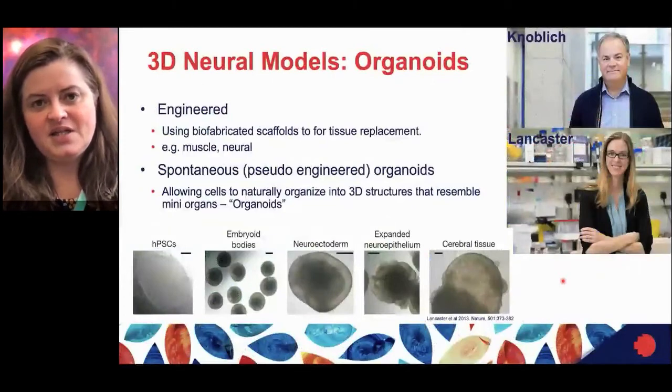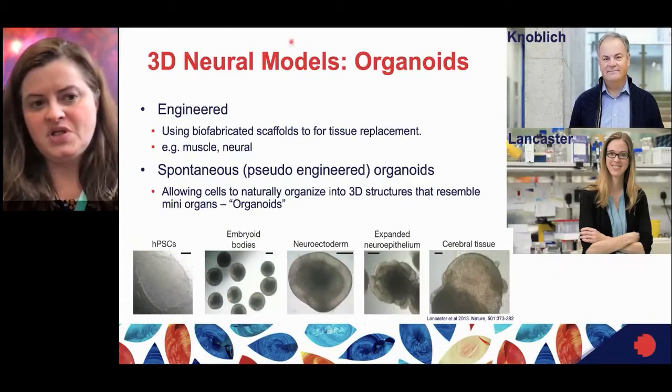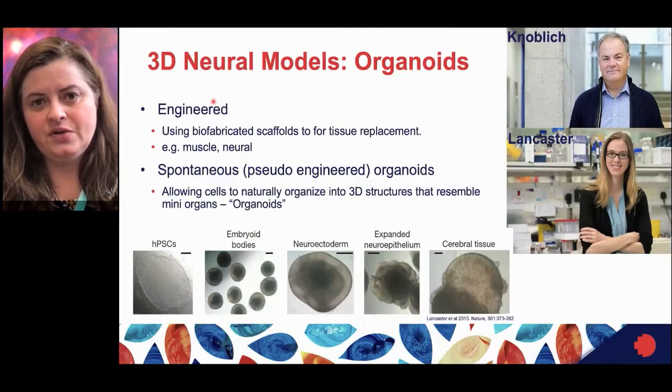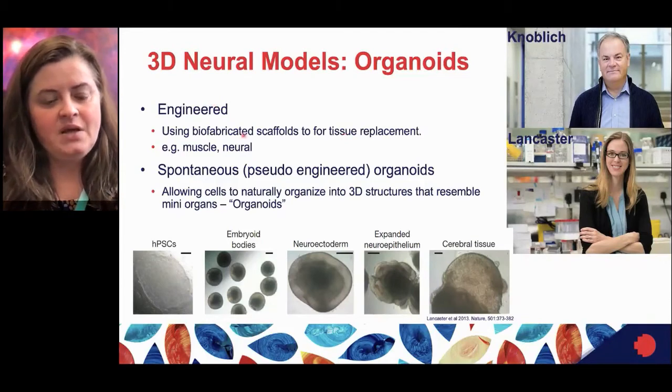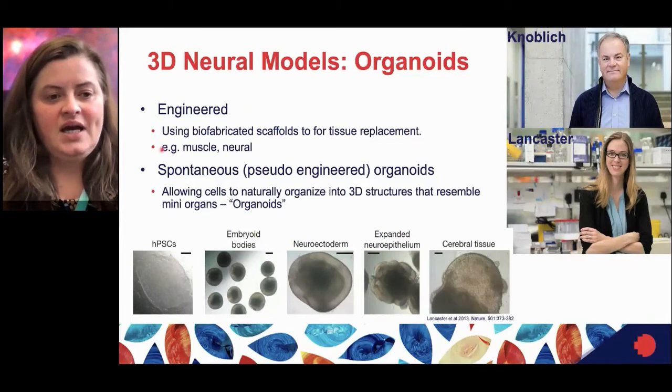Now, another exciting area is the area of neural organoids and organoids in general. As I mentioned in the previous slide, you can engineer 3D constructs for modeling neural activity using biofabricated scaffolds. You can do this for tissue replacement and tissue engineering as well.